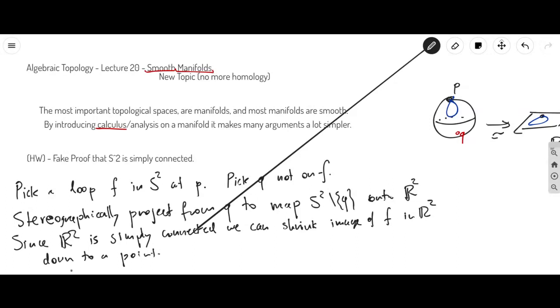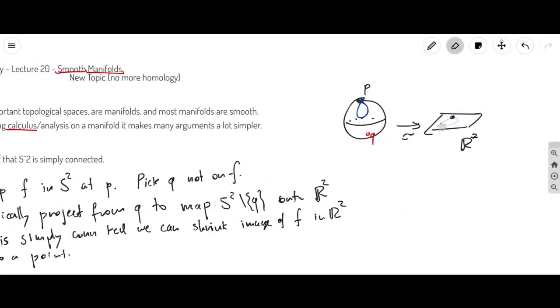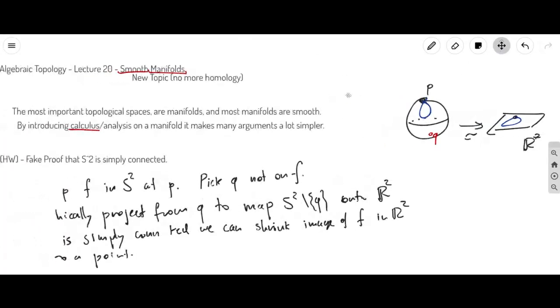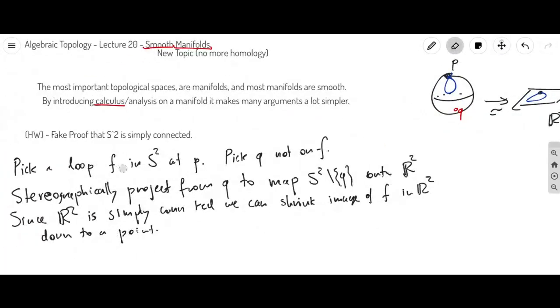And that's basically the proof right there: you can shrink this blue path down to a point, and then that homotopy can be transferred back to the sphere by using the homeomorphism, and you can shrink that down to a point. That shows that the sphere is simply connected because all loops on the sphere can be shrunk down to a point.